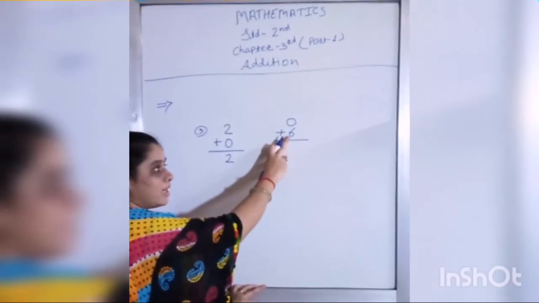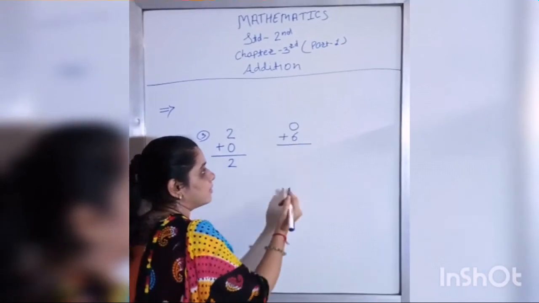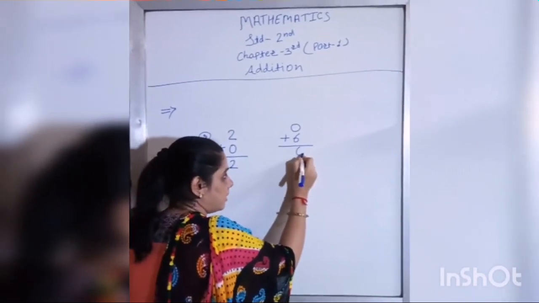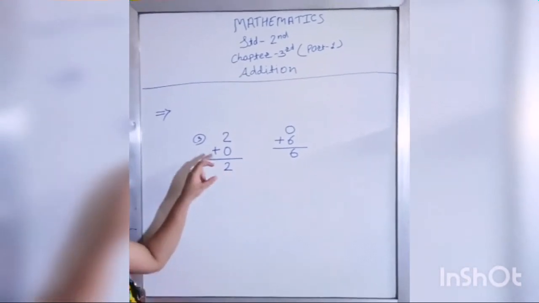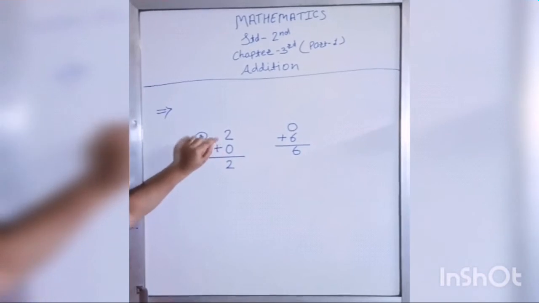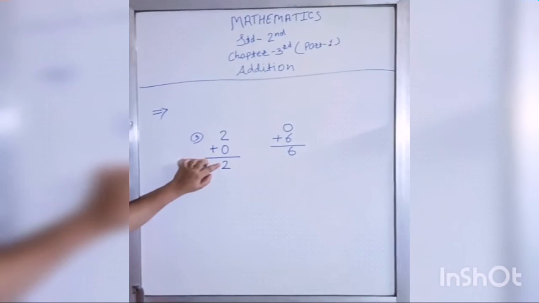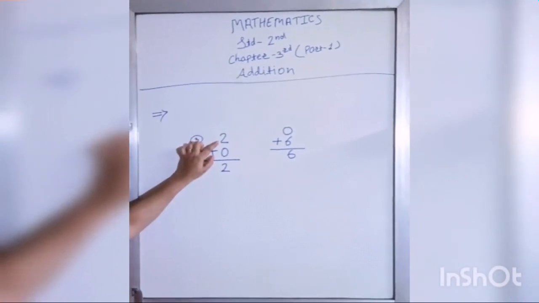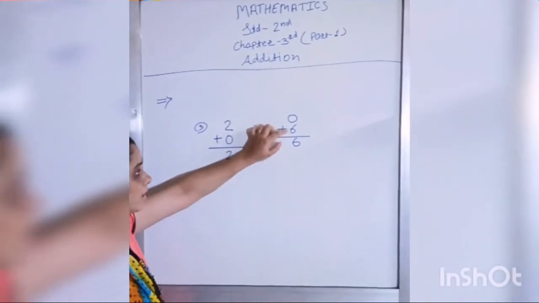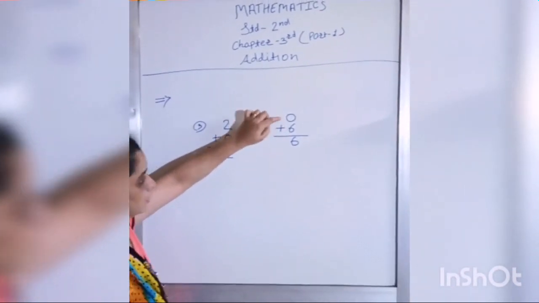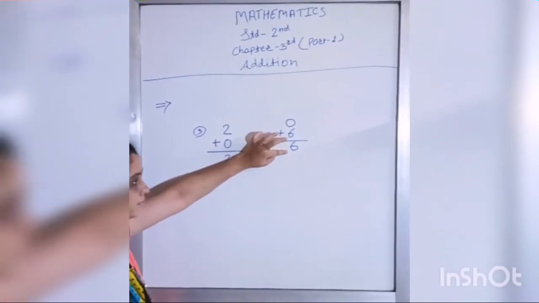Which is the big number here? 6. Add 0 in 6. We will get answer 6 only. Can you see here? When we add 0 to any number, we get the number itself. Also, when we add any number to 0, the answer we get is the number itself.